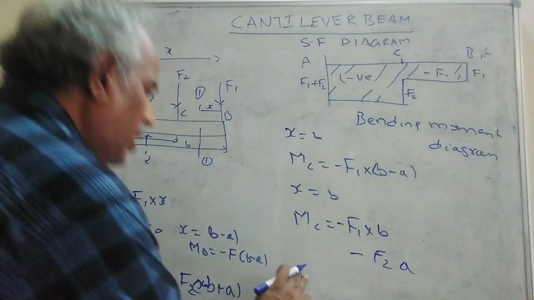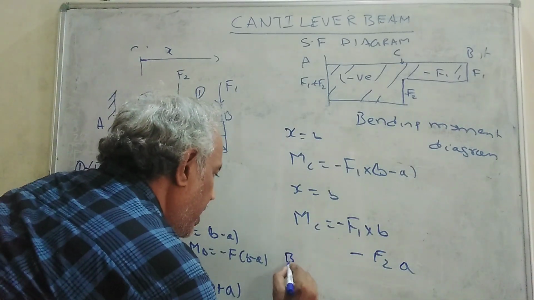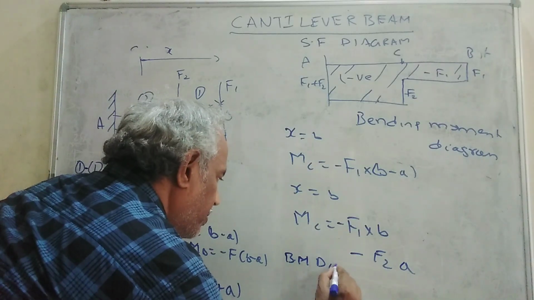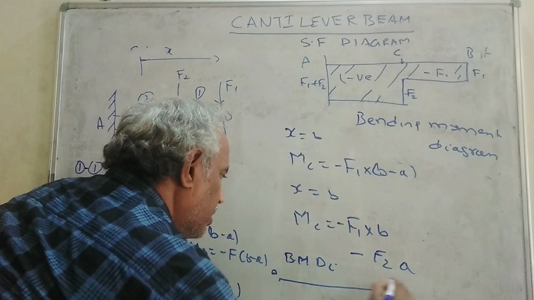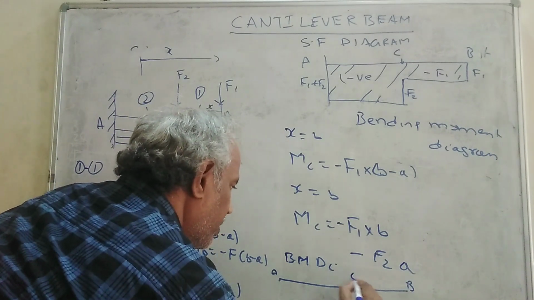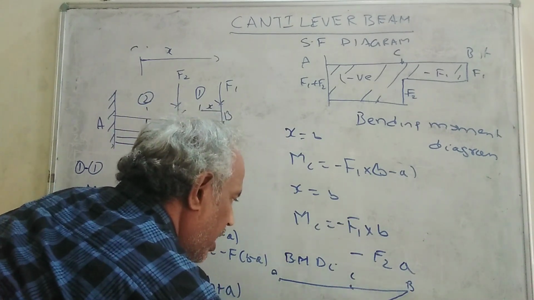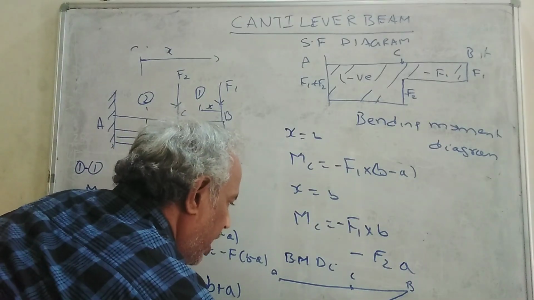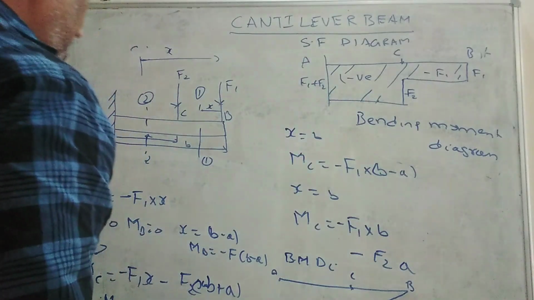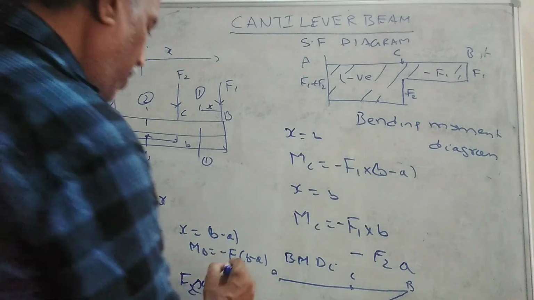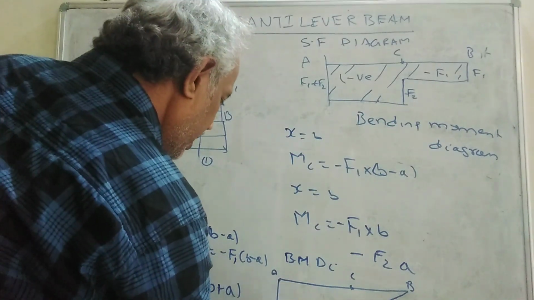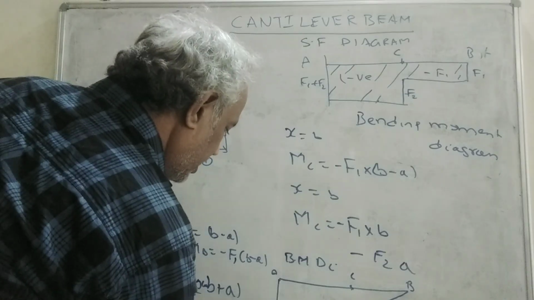Now we can draw the bending moment diagram. So this is A, this is B, and this is C. So first we'll be having a bending moment like this. This is the value of minus F1 into B minus A, and here is another bending moment.